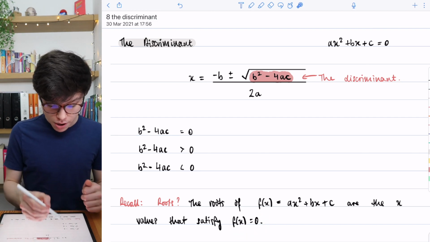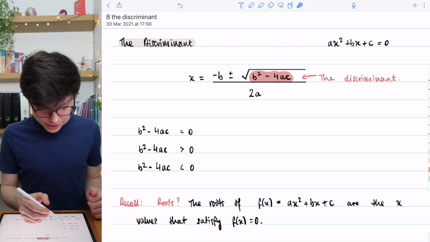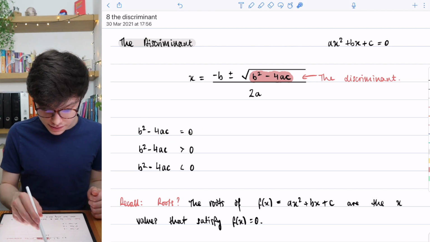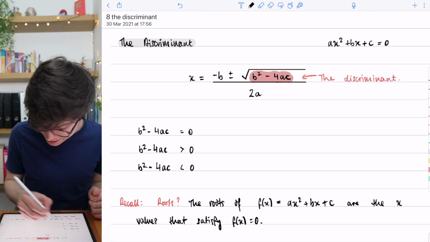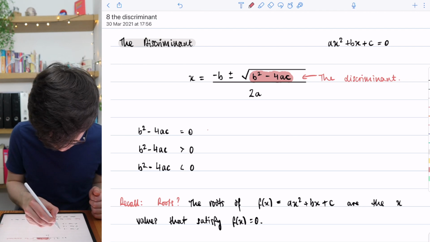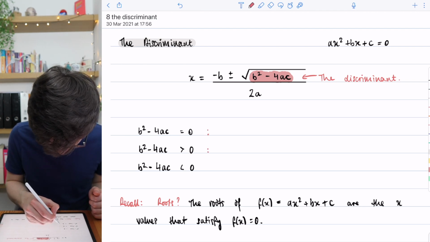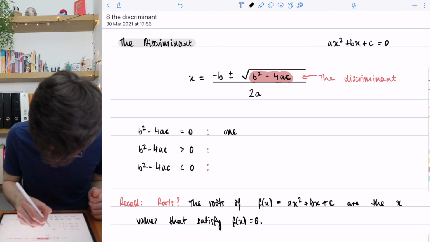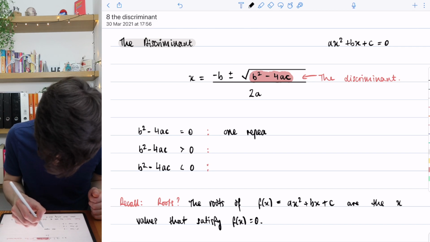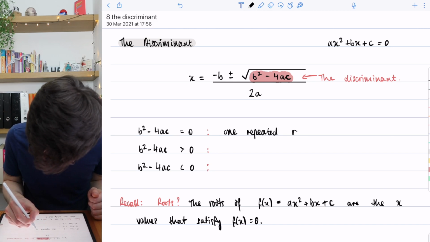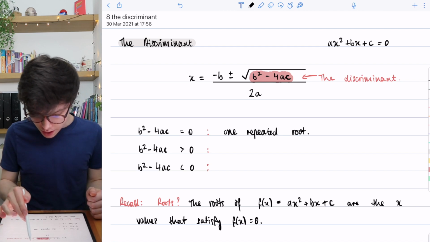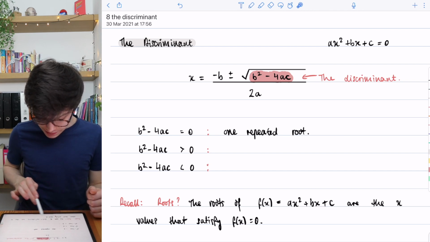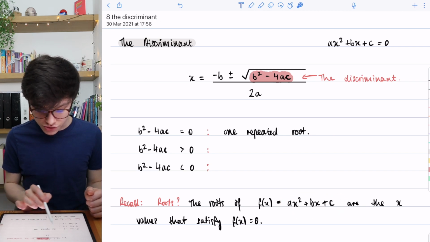Now, what I just said is if our discriminant is equal to 0, we get 1 repeated root. A root, remember, is a solution to the quadratic equal to 0.